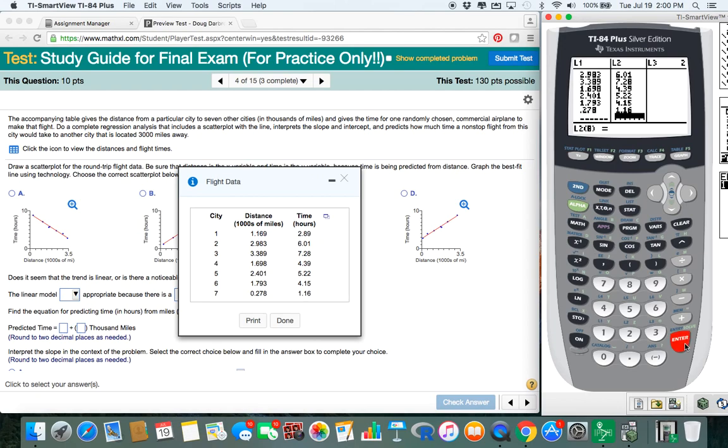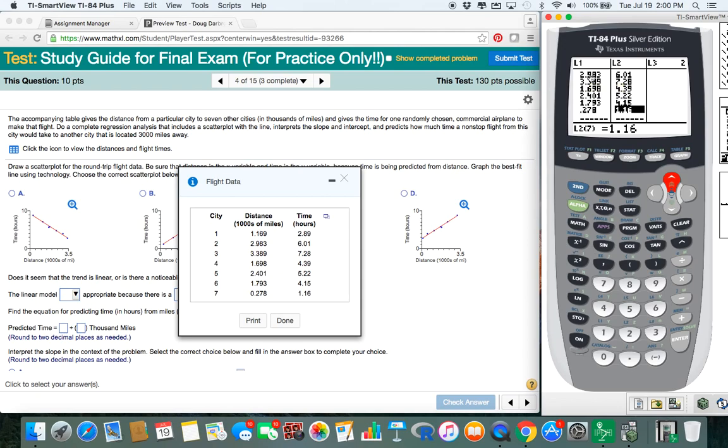Now, first of all, we need to make sure that we've got the same number of numbers in L1 and L2. If I've got more numbers in L1 than L2 or vice versa, I'm going to get an error when I do regression analysis. Regression requires us to have 2 measurements on each subject.